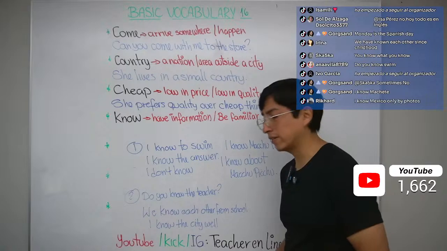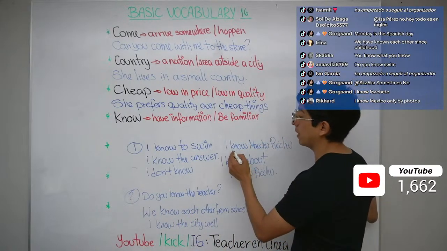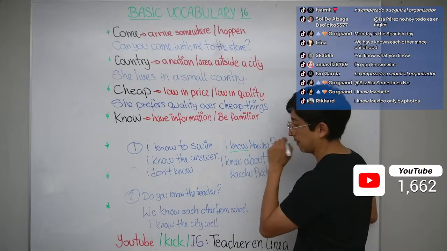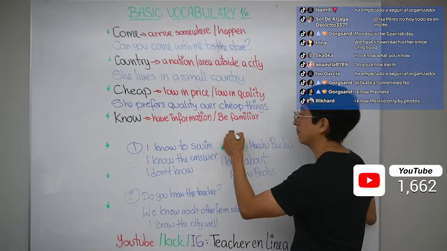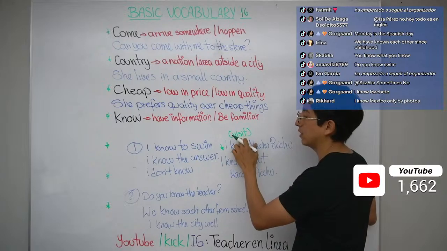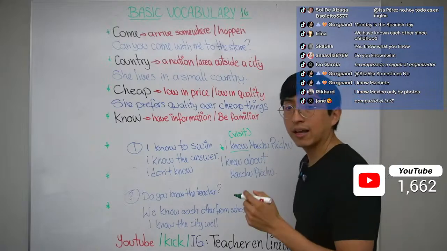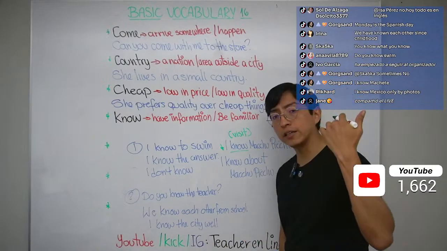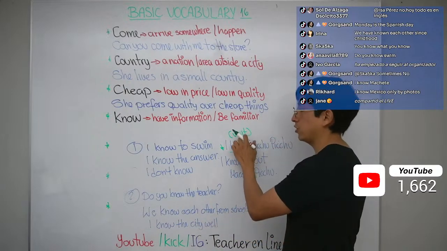So, what is the difference here, guys? The first one, I know Machu Picchu. What does it mean? First, it means I visited. Okay, I know Machu Picchu means like I visited Machu Picchu in the past. Look at that. I know, I visited or I had the chance to visit Machu Picchu.